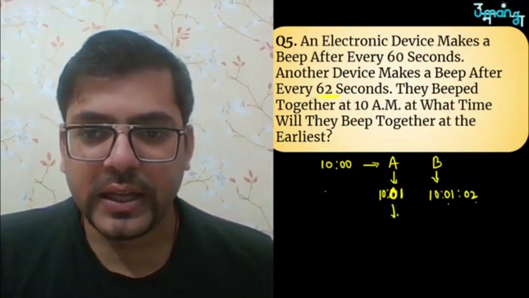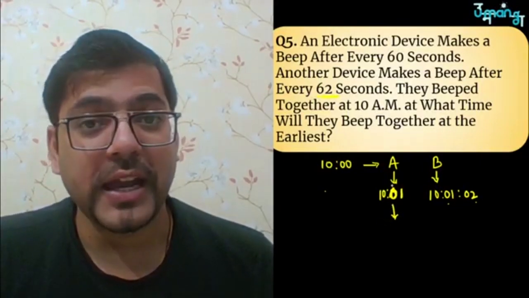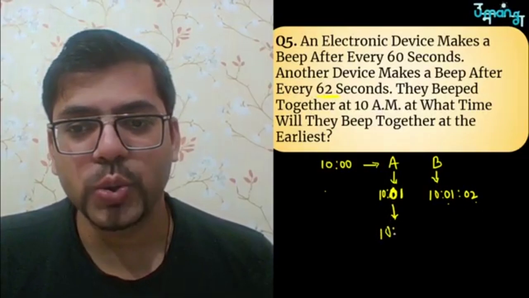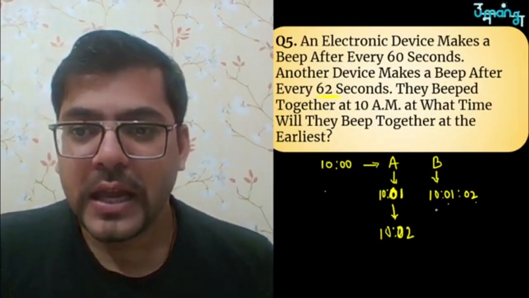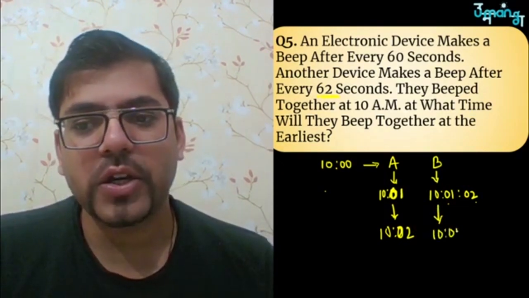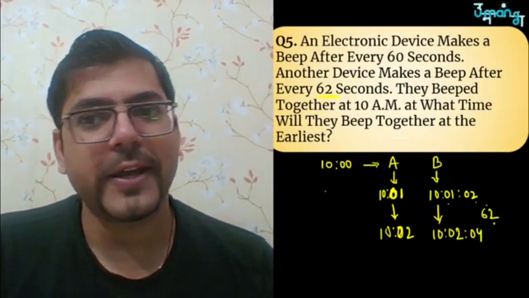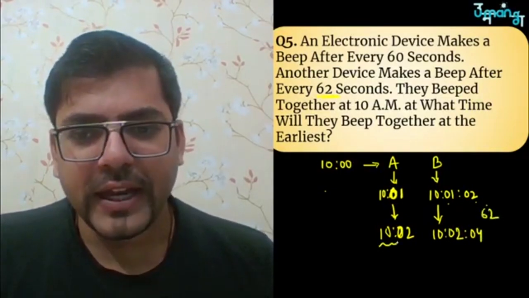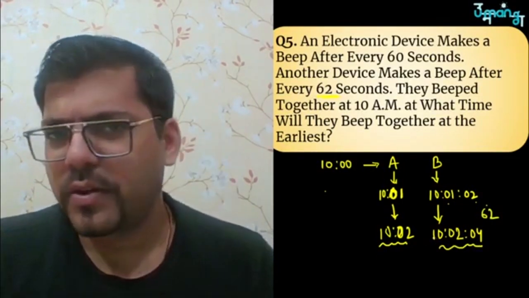Timer A will again beep at 10:02, but timer B will this time beep at 10:02 and 4 seconds, because again 62 seconds has to be added here. So every time they are beeping, but they are not beeping at the same time, correct?